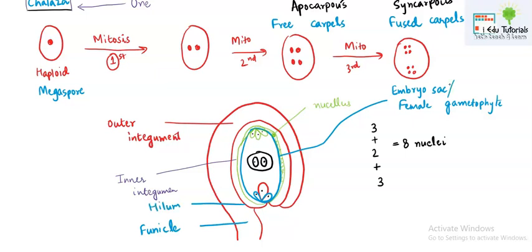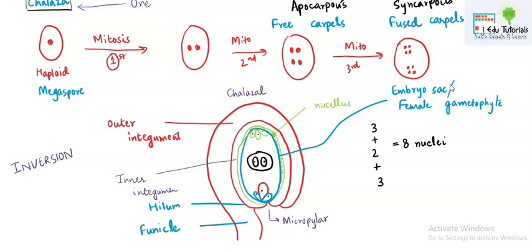Now another important thing to notice here is that the micropylar end is now located at the bottom, which was earlier located at the top, and the chalazal end is at the top. That means inversion has occurred. Inversion means upside has become downside, downside has become upside. So the micropylar end was at the top, now it has become downward, and the chalazal end, which was downward, has become upward.